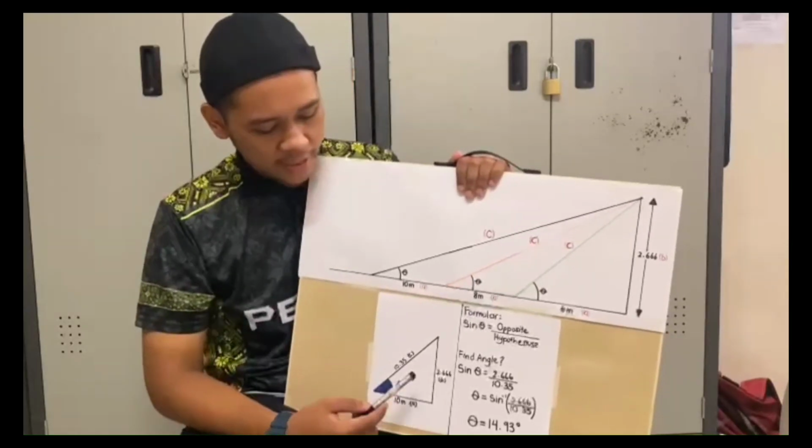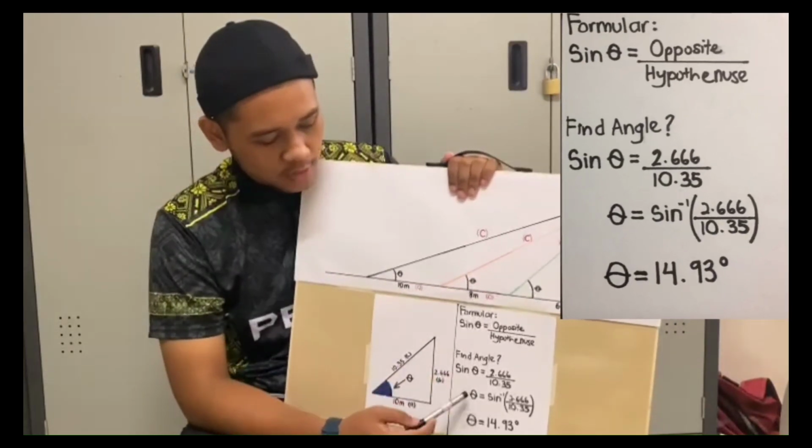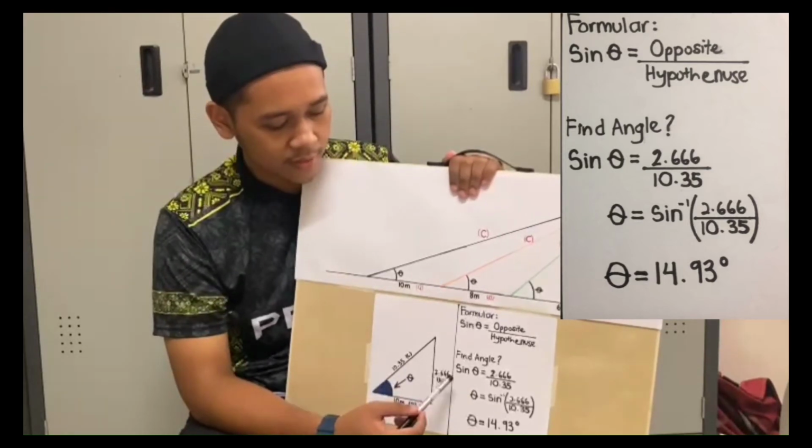Alright, for the last triangle, to find the angle, we still use the same formula. So we have all the information in, and we just apply it in the formula.